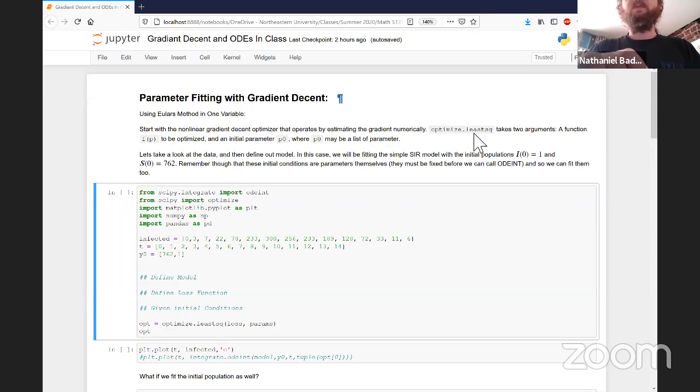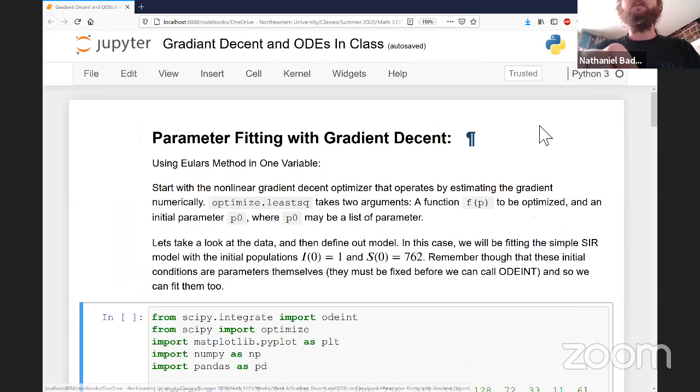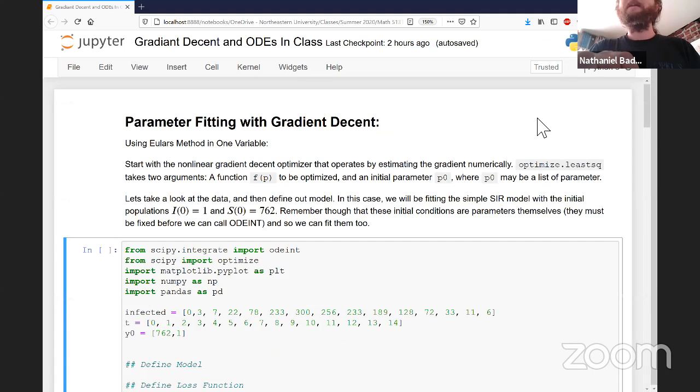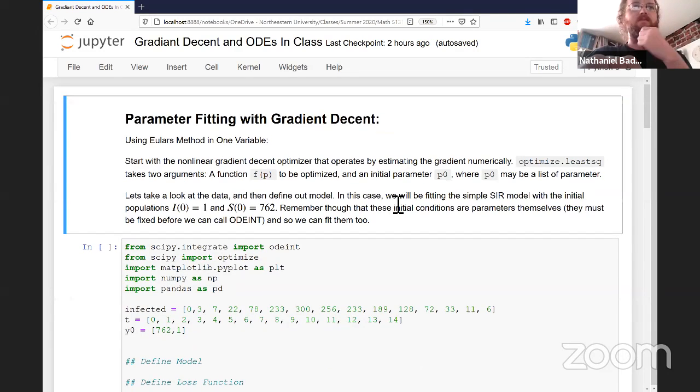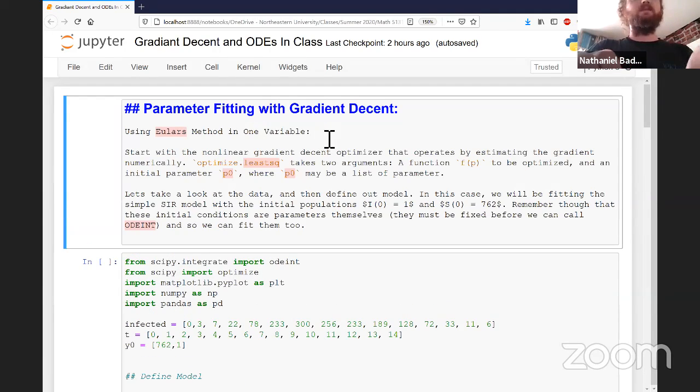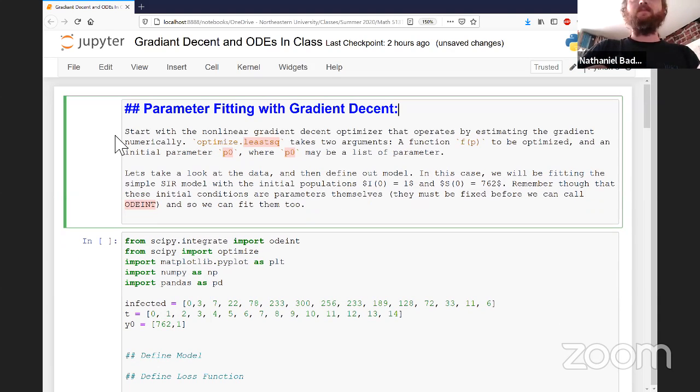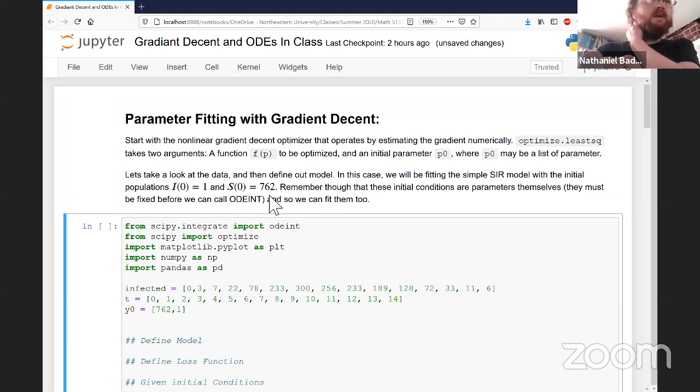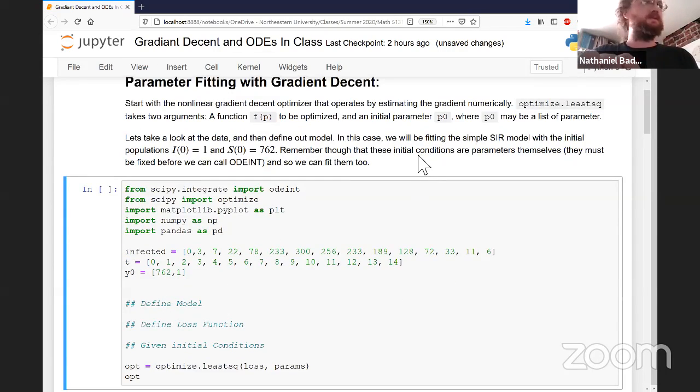So is this big enough that everyone can see? Is it too big? Okay, so is this big enough so that everyone can see the code here? And again, I'll upload it shortly.